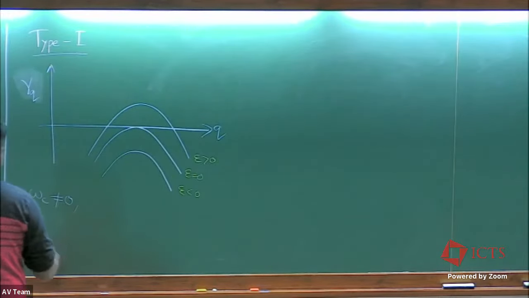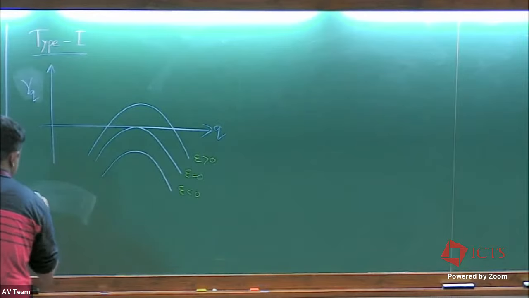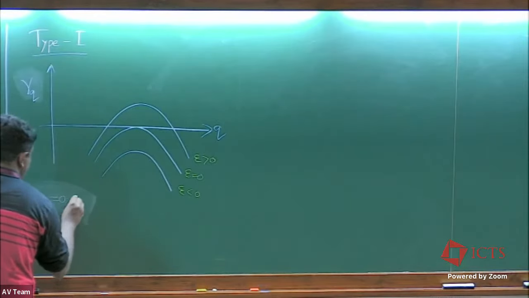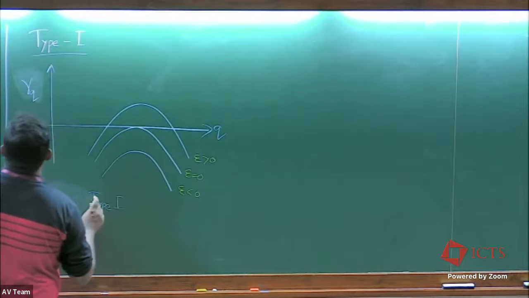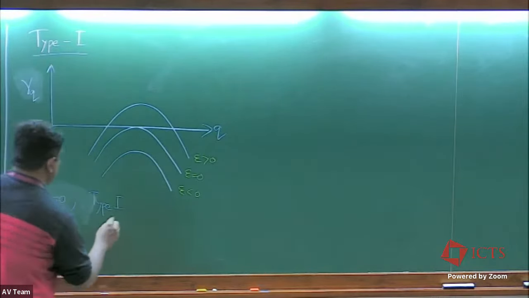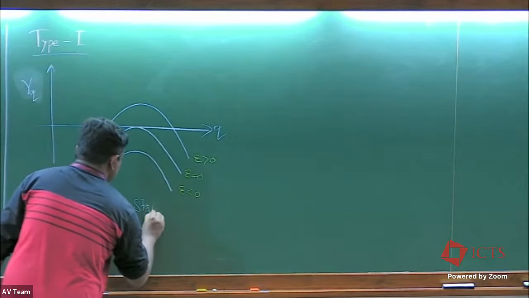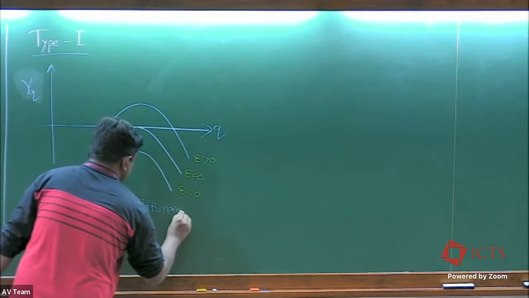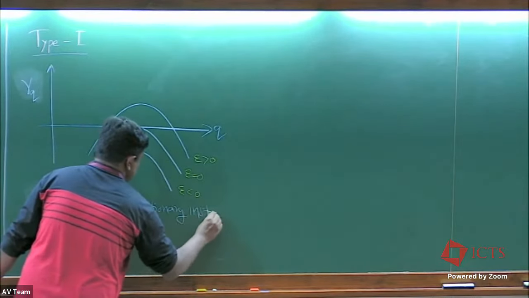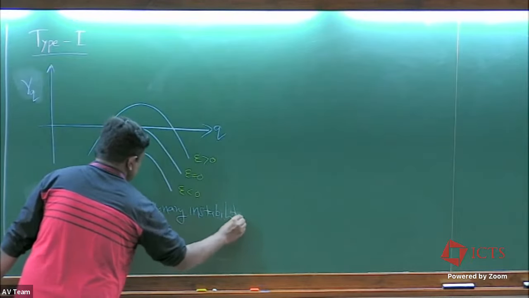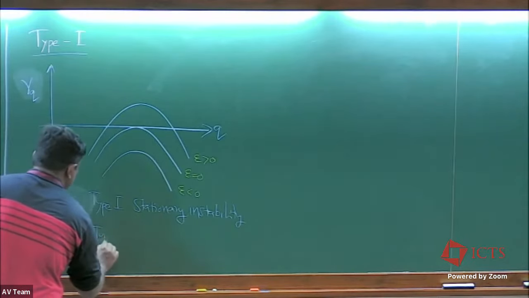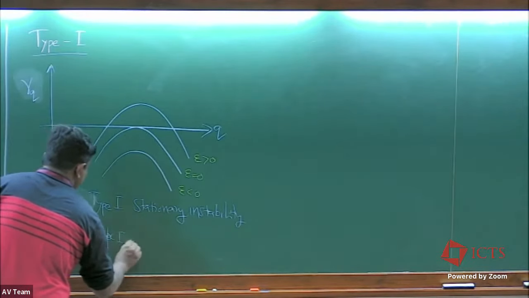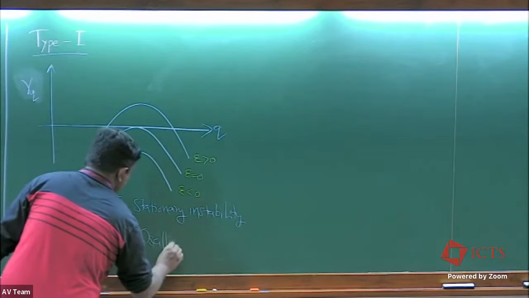So first, if omega c is equal to 0, then this is called a type 1 stationary instability. Omega c not equal to 0 is a type 1 oscillatory instability.